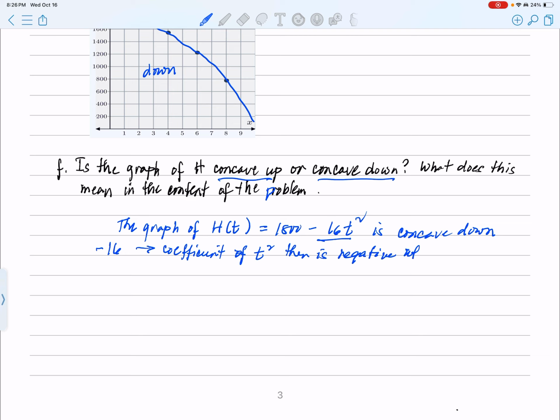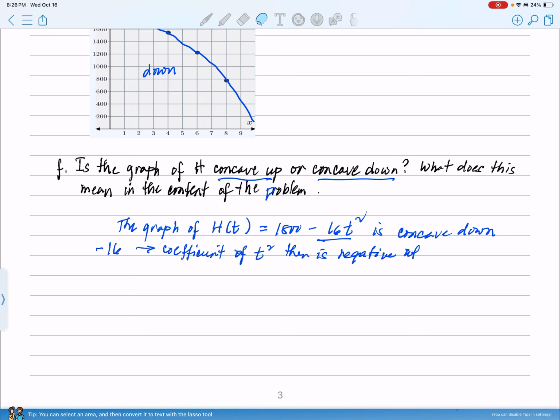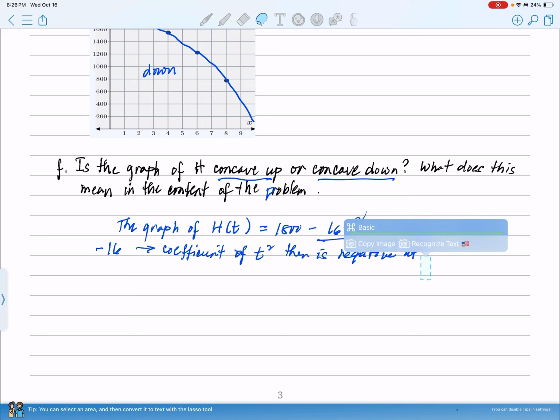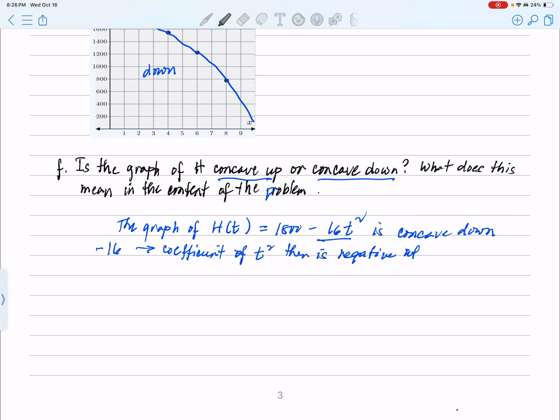When it's negative, it resulted to what? If you remember the concavity, when we did concavity, negative means a parabola opening downward.